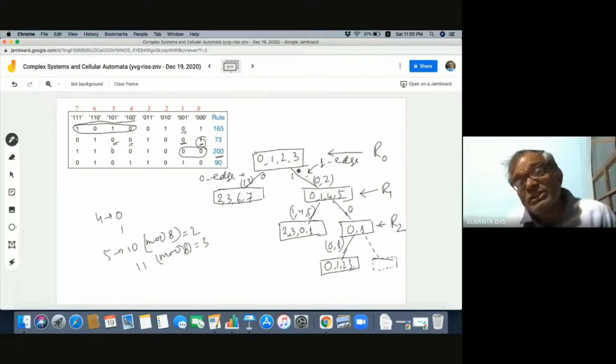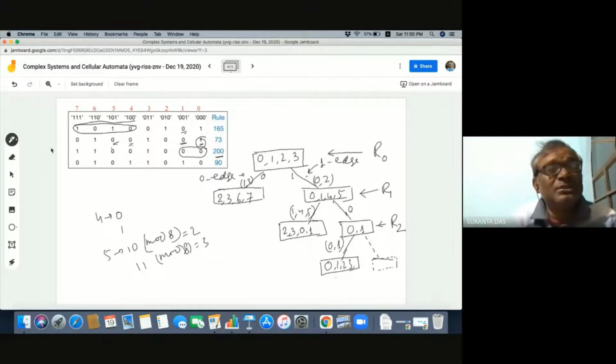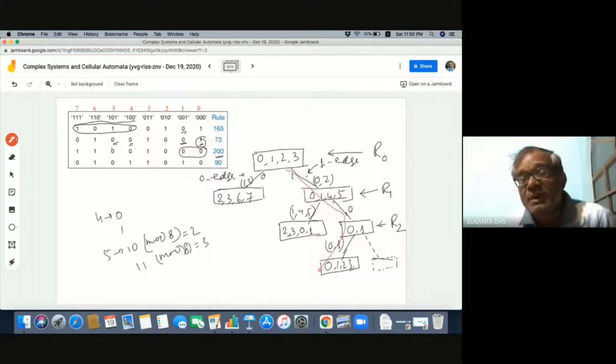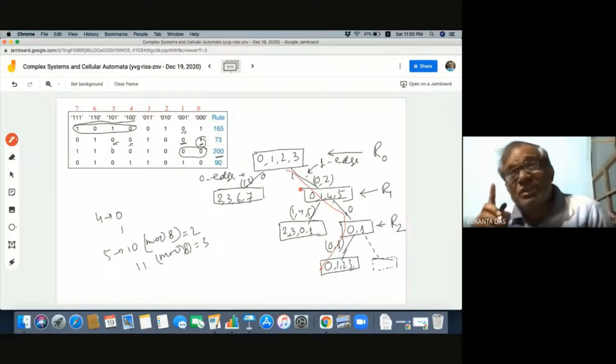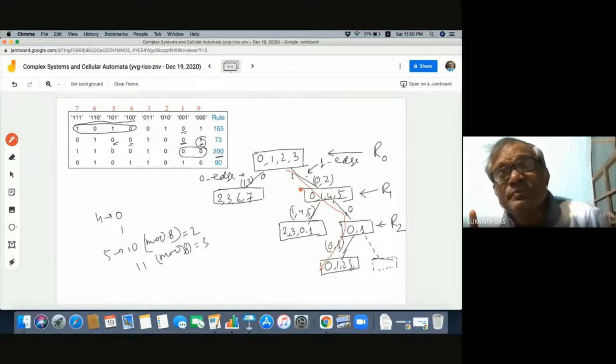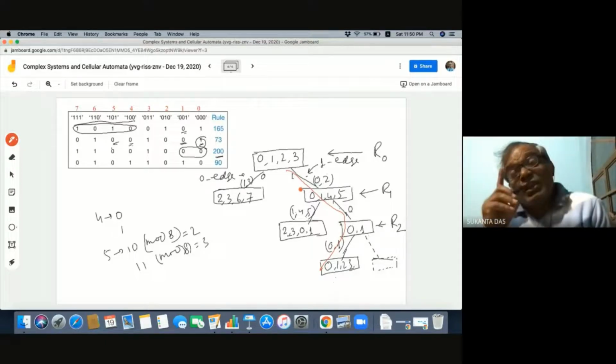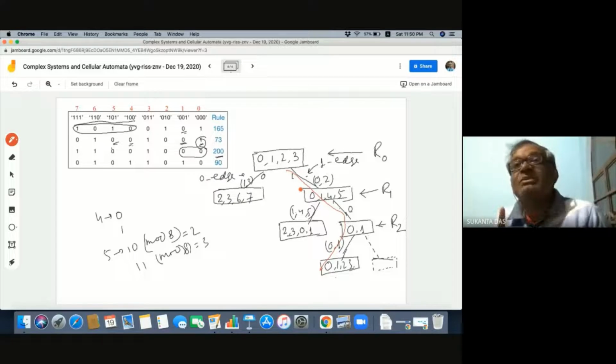Okay. So now, let me use a different color. If I start, say, if I move to this edge, move to this path, I'll be able to construct an RND sequence. Along with that, I'll be able to get its next configuration.